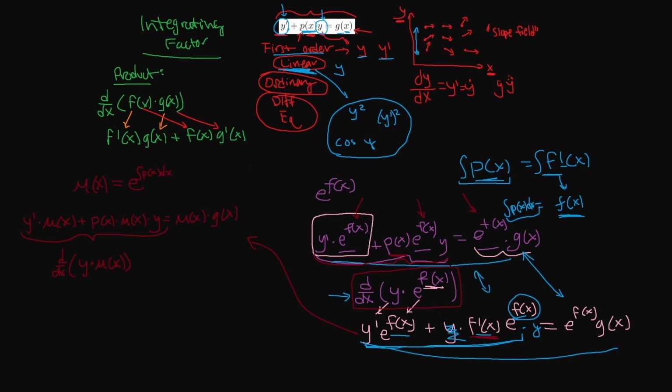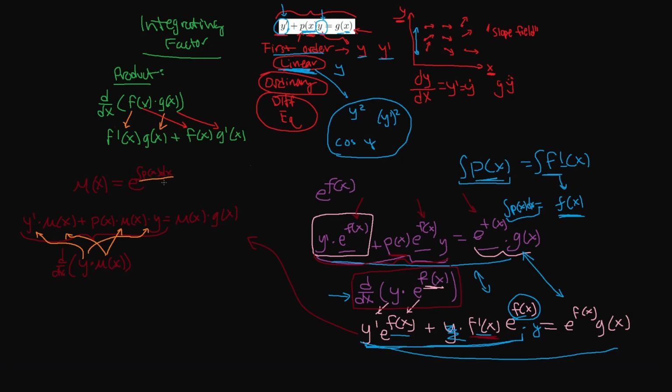And just remember that the reason for this is because in the product rule we take the derivative of y, and we keep mu of x the same. Now we keep y the same, and we take the derivative of mu of x. But the derivative of mu of x is, since it's an exponential term, itself multiplied by the derivative of the exponential.